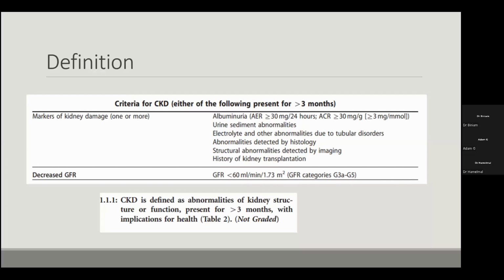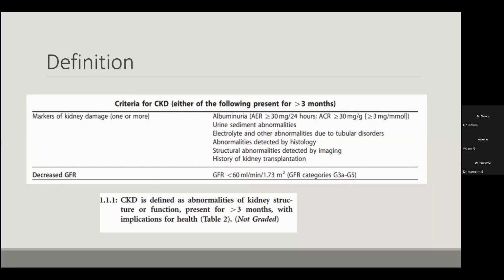Electrolytes and other abnormalities due to tubular disorders, renal tubular acidosis is considered to be one of the causes of CKD, and also other abnormalities, genetic tubular defects are considered as markers of kidney damage. Histological abnormalities in biopsy, especially in glomerular disease, structural abnormalities, many urogenital abnormalities, stone disease, and history of kidney transplantation, or other causes of solitary kidneys are considered as CKD if they last for more than 3 months.